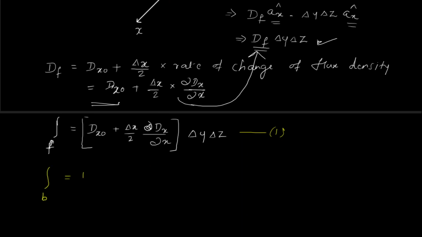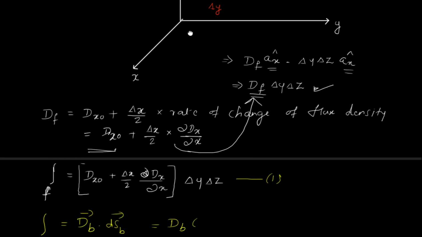Now evaluating the back surface, it is dB vector dot producted with dsB vector. So dB vector is nothing but the flux coming out, that is the magnitude of dB and the direction. So what will be the direction here? The flux line coming out of the back surface is exactly opposite to the flux line coming out from the front surface. From the front surface it was in the direction of x vector, so here it will be in the direction opposite to x.